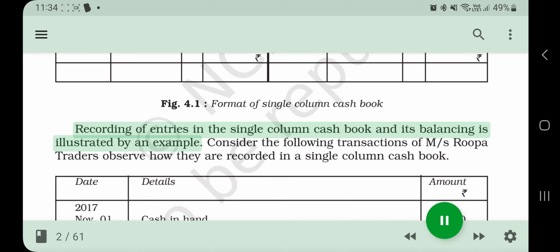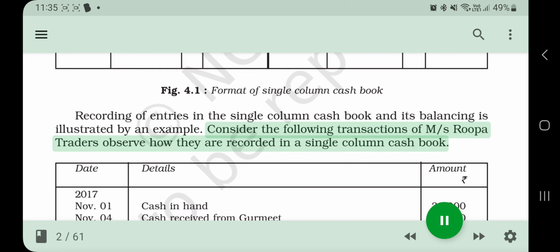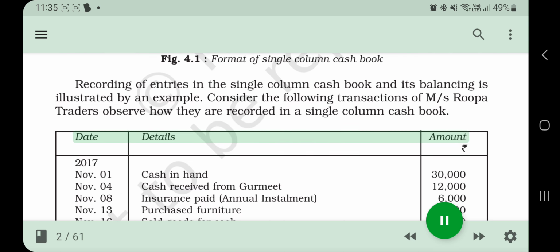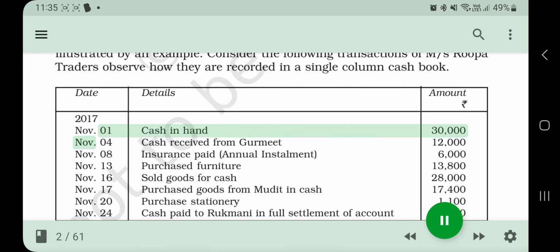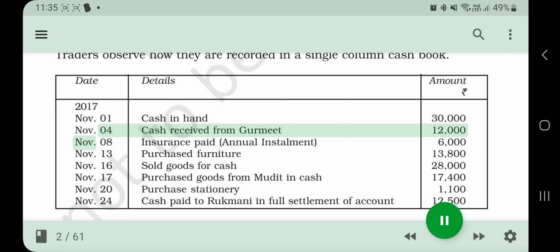Recording of entries in the single column cash book and its balancing is illustrated by an example. Consider the following transactions of M.S. Rupa Traders. Observe how they are recorded in a single column cash book. 2017, November 1: cash in hand 30,000. November 4: cash received from Gurmeet 12,000.